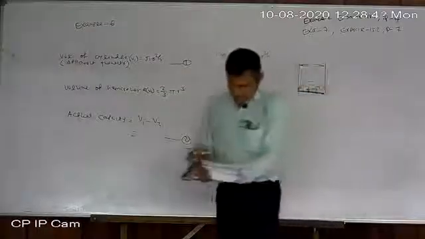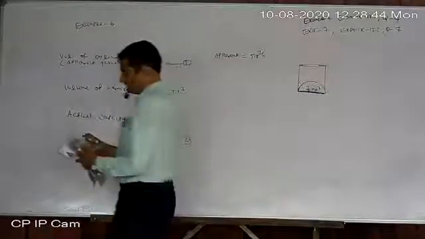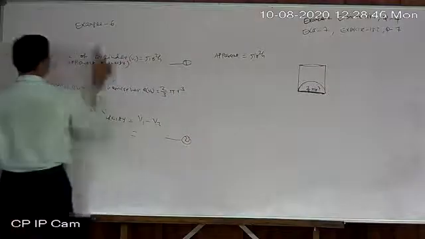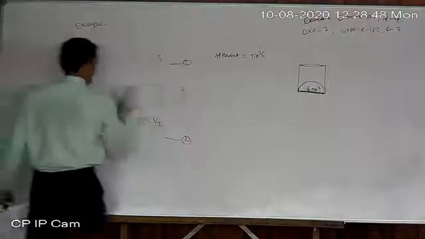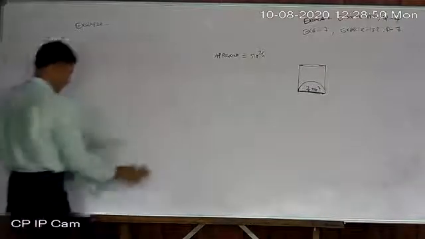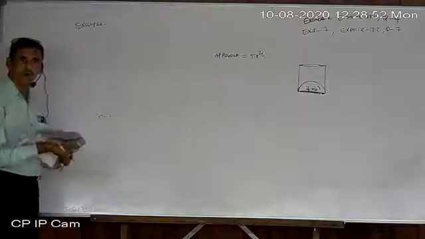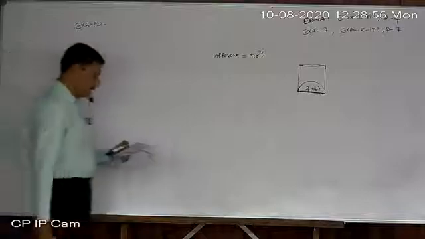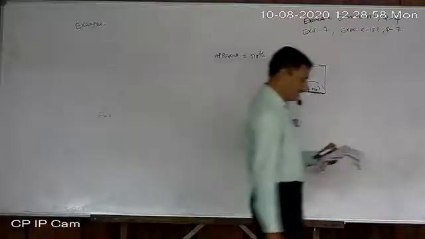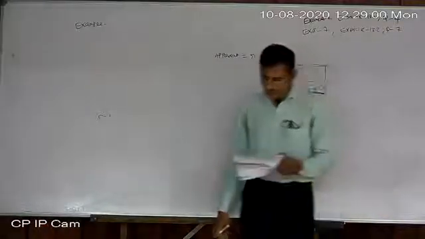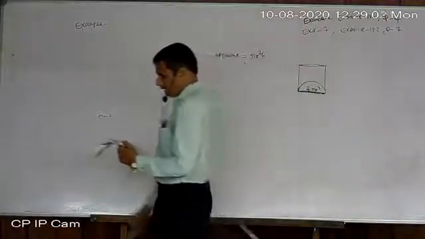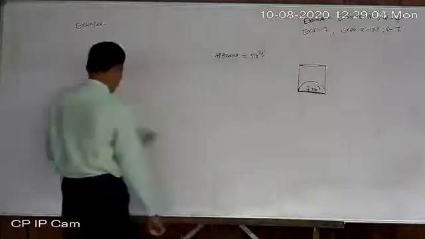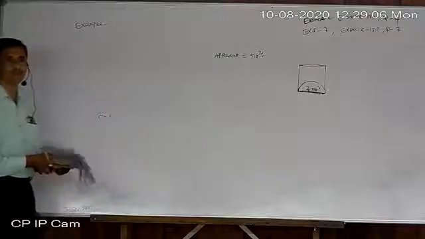Now look at example 8. It is again a simple conversion, or material transfer case. A cone of height 24 cm and radius 6 cm is made of modeling clay. A child reshapes it in the form of a sphere.